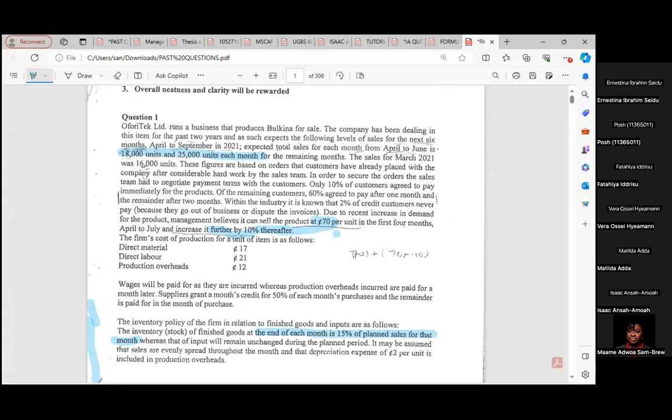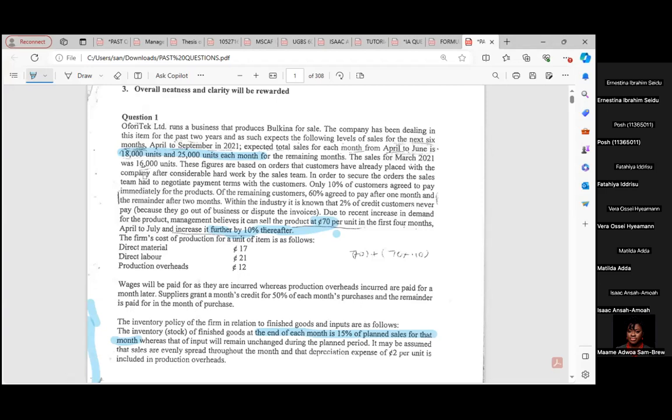I hope you are following the conversation. Let me say this, not to scare you. Budgeting is not difficult, but it has a lot of English that you have to understand. It's pure English. If you really read the items and you understand them, you can easily do it.